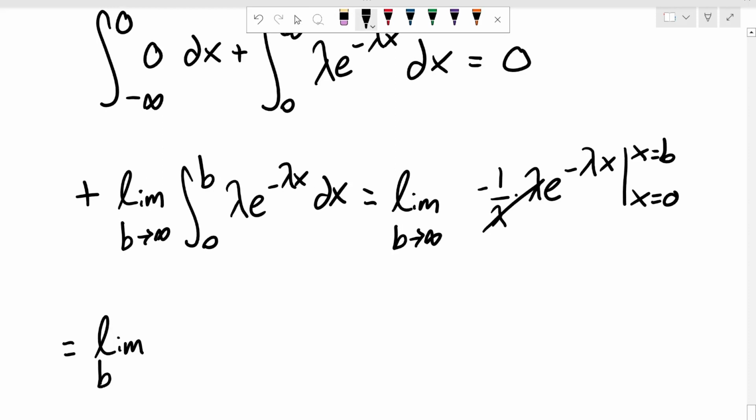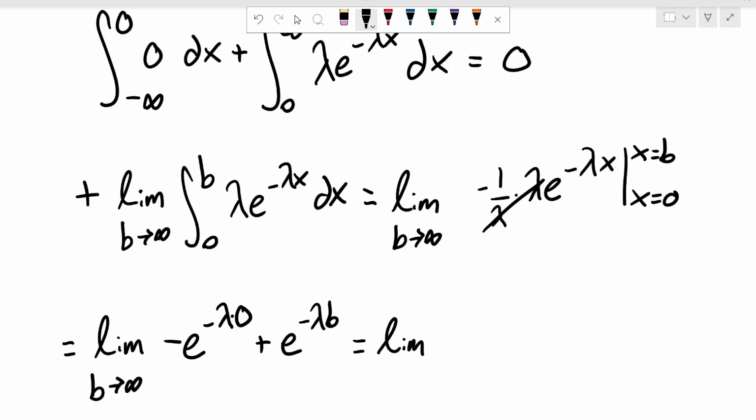So we'll have the limit as b goes to infinity of negative e to the negative lambda times 0, plus, because we'll have minus and negative, e to the negative lambda b. It doesn't matter what lambda is, this is going to be e to the 0, which is 1. So ultimately we have the limit as b goes to infinity of e to the negative lambda b minus 1.